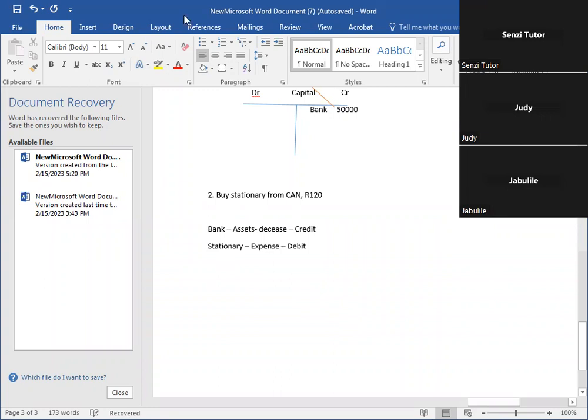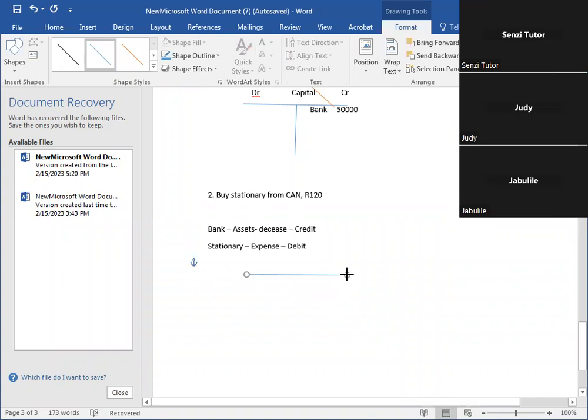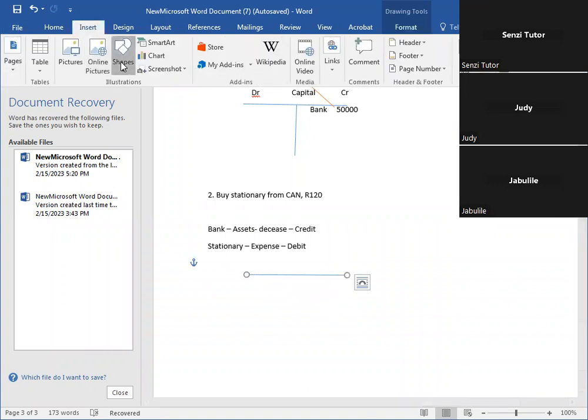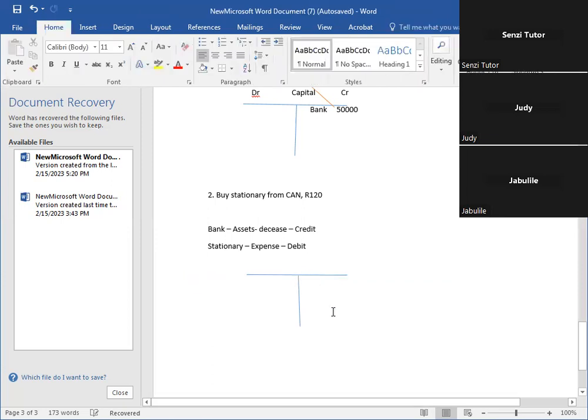Now we can draw our T account quickly. Okay, now we have our T account. Right, we've got a bank, that is our first account. On your right-hand side is the credit side, and on your left-hand side is the debit side.